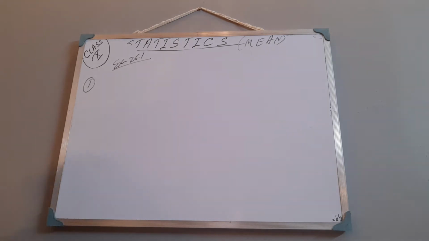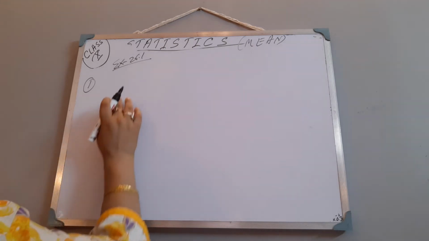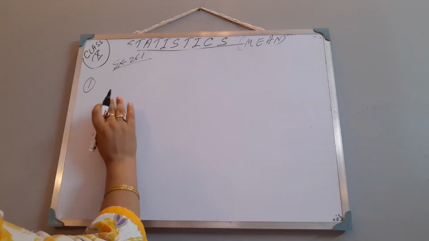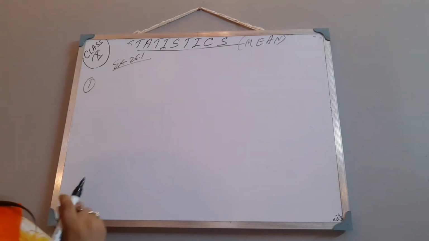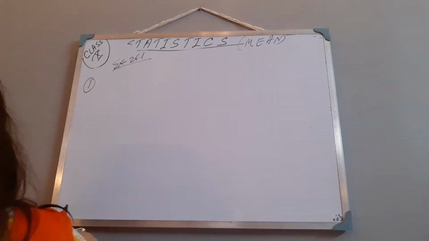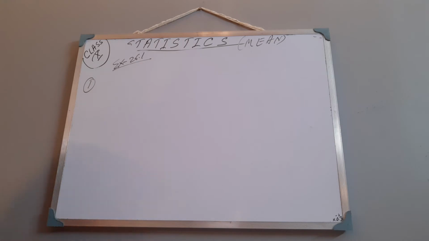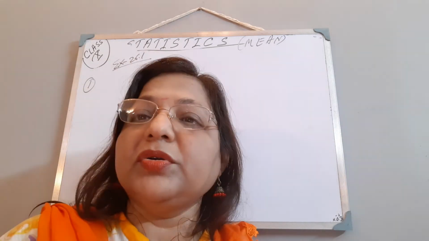Sum number 1. What is the question? Find the average age of 40 frames by direct method. This method is mentioned here. If the method is not mentioned in the question, then any method you can apply.